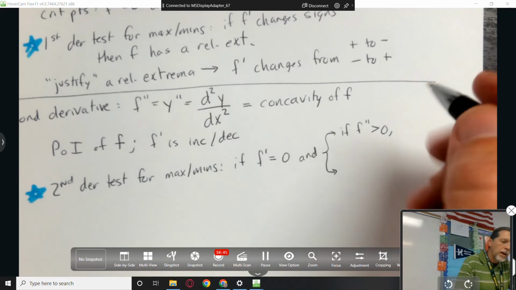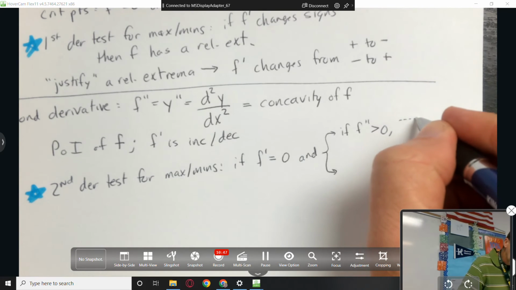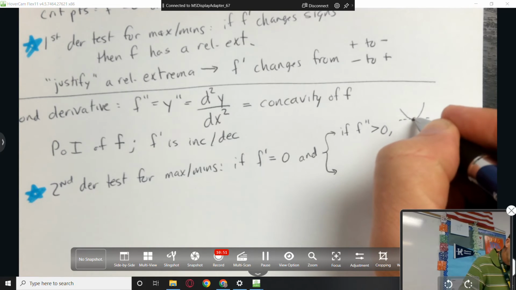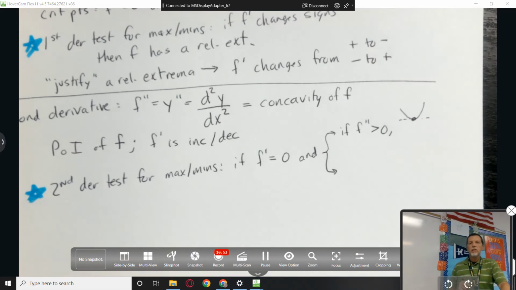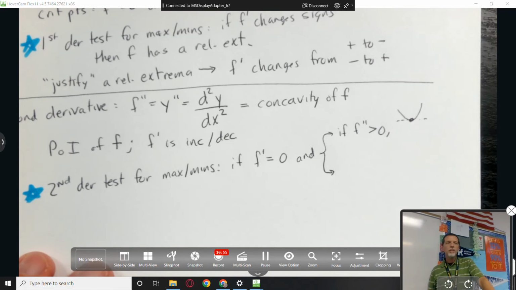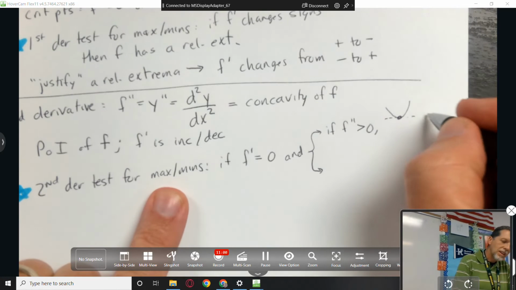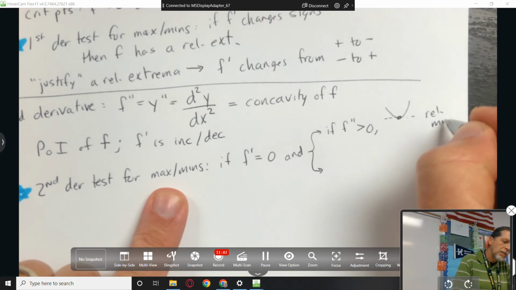So we're at a spot on a graph where the slope is 0, but we're concave up. What's going on right there? A max or a min? A min. You've got a relative min.